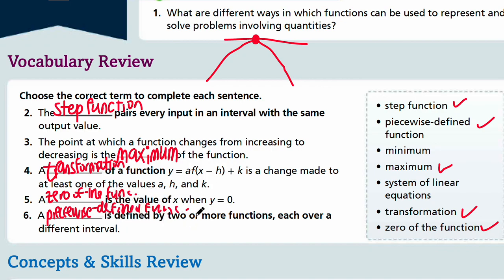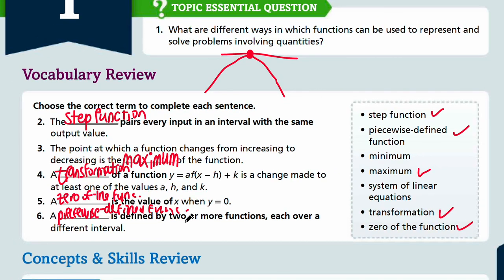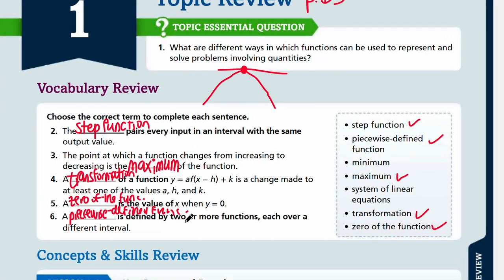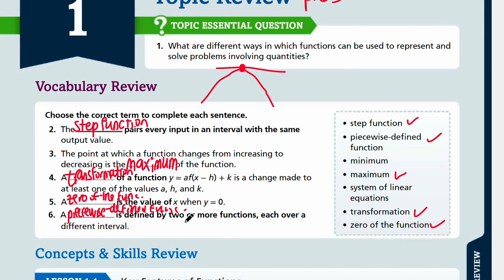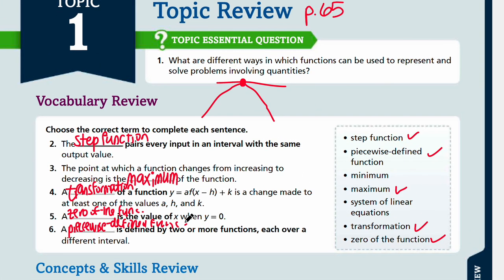Okay. Good. Now that we have reviewed our vocabulary for the topic, let's start looking at each lesson to review what we have learned in topic 1. We'll continue with the next video.